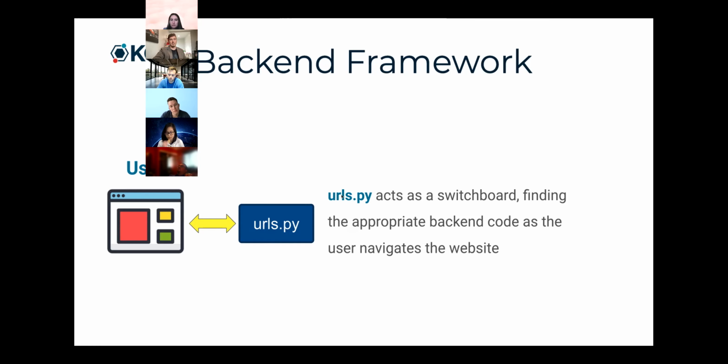Now, the urls.py is essentially a switchboard. It's going to look at my URL and then ask, if this is the URL, what do they actually want to see? If the URL is about us, then it's going to do all of the actions required in order to display the About Us page to you.